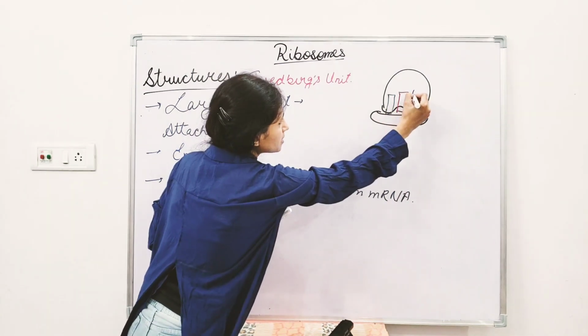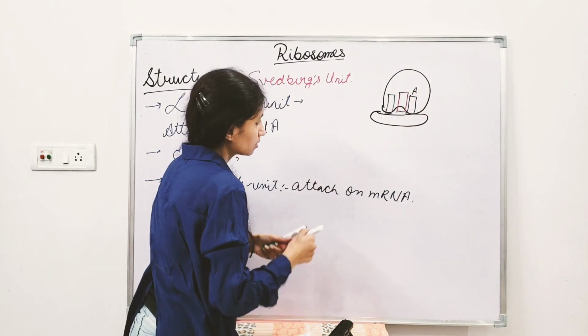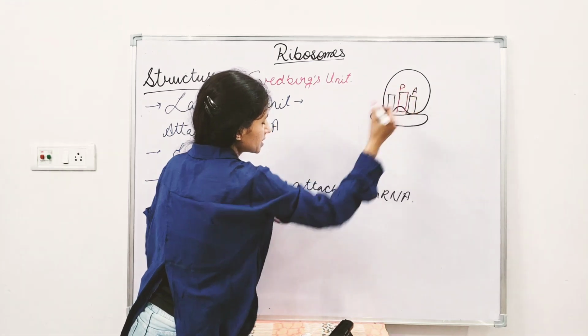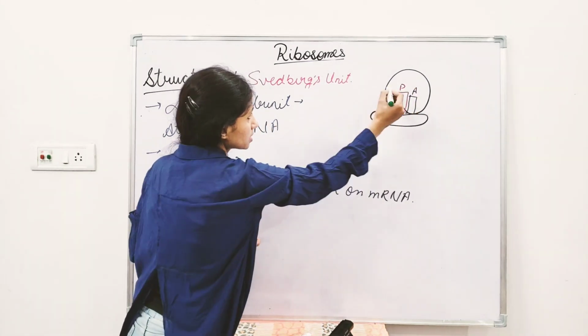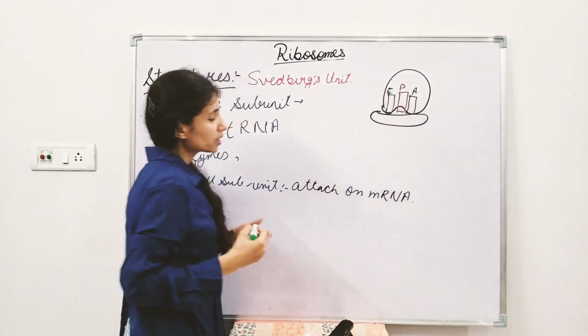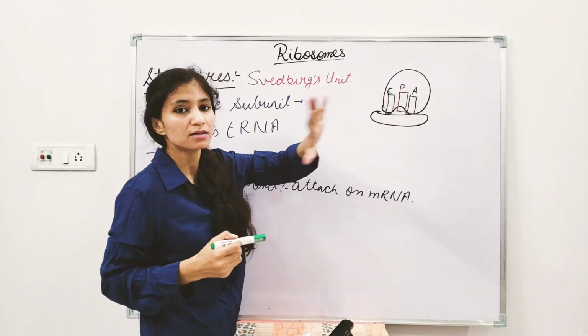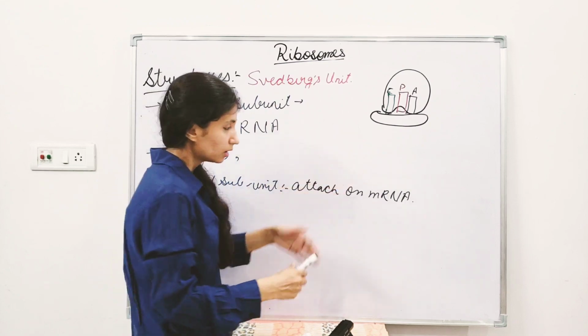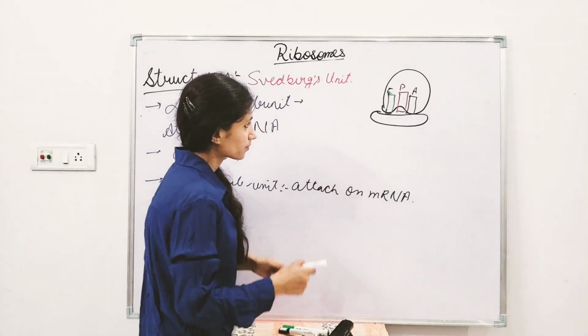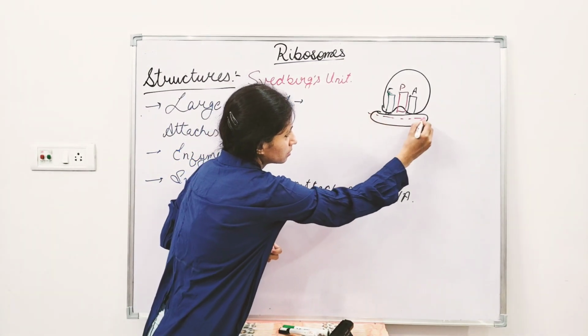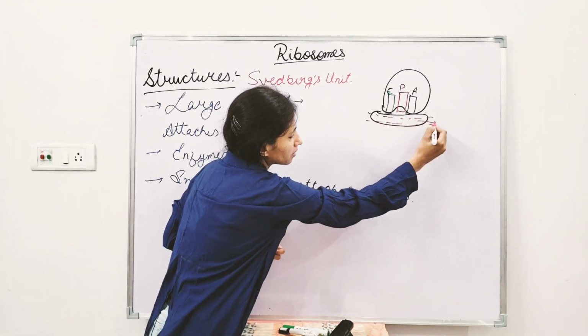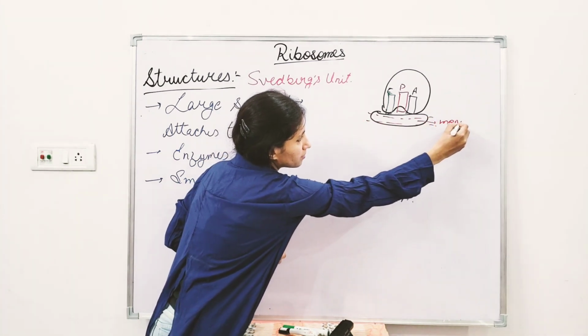This is the A site, this is the P site, and this is the E site. These three sites are used as the site for tRNA binding. Over here, this part is your mRNA binding site, okay.